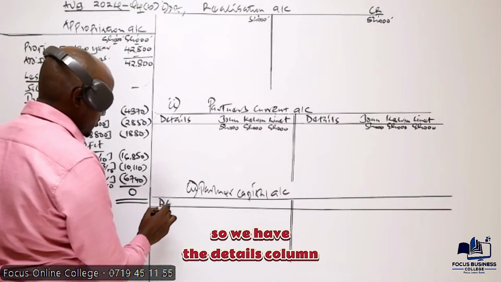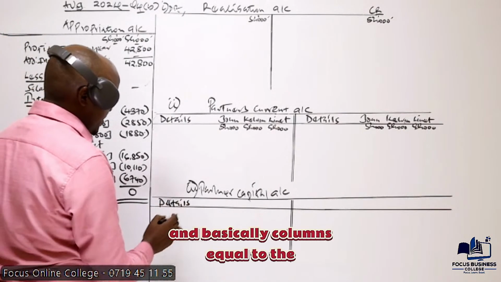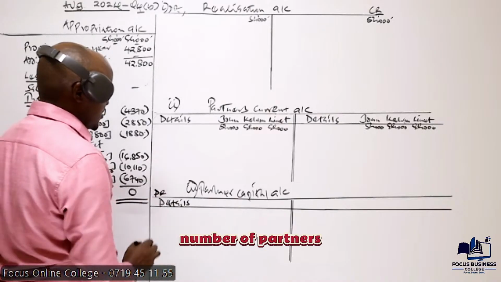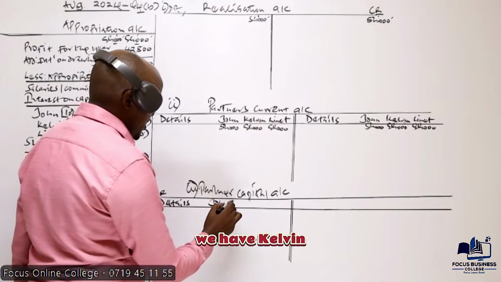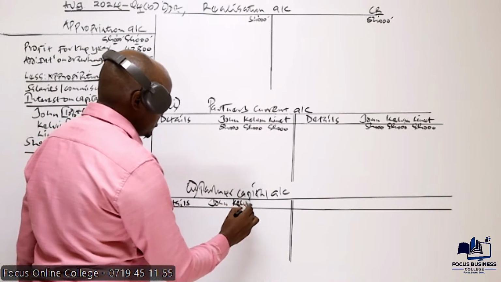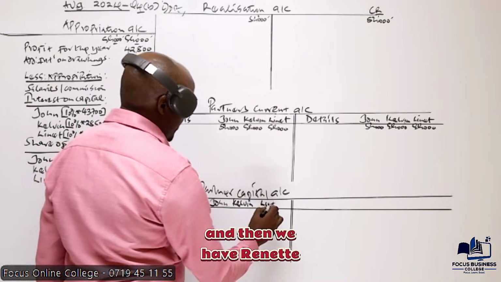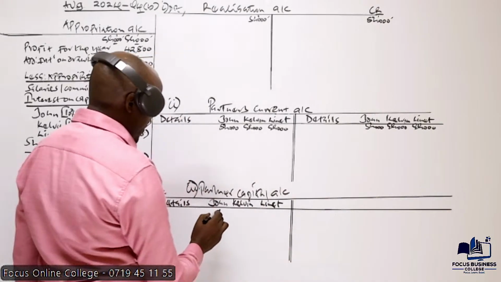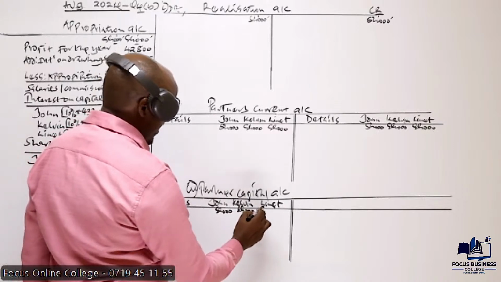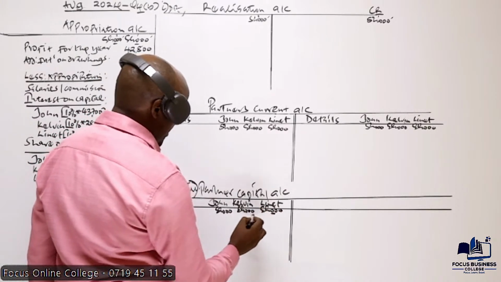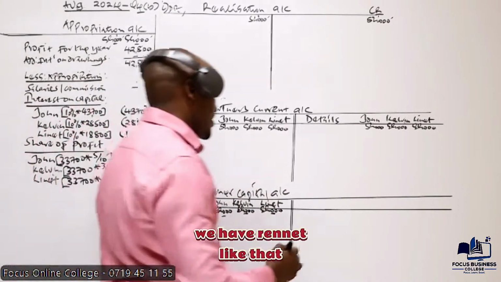So we have the details column and basically columns equal to the number of partners. We have John, we have Kelvin, and then we have Renette.